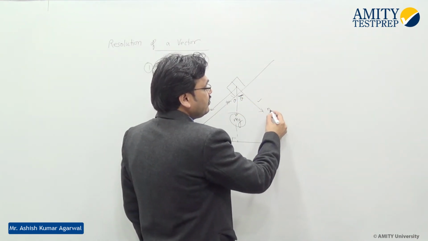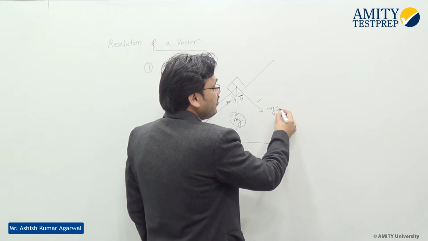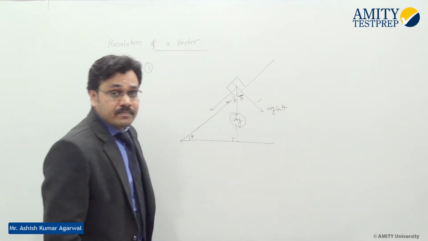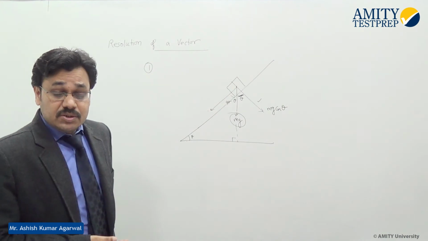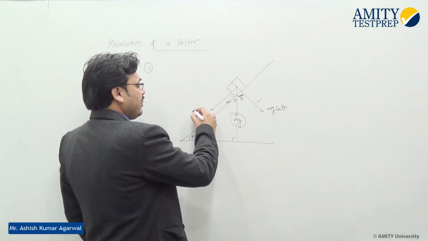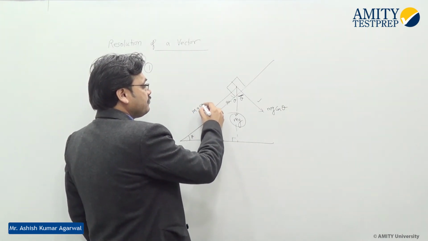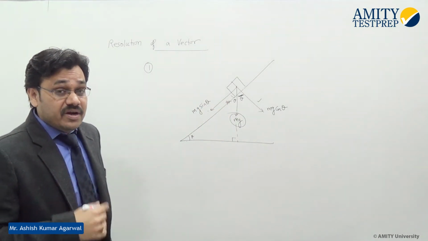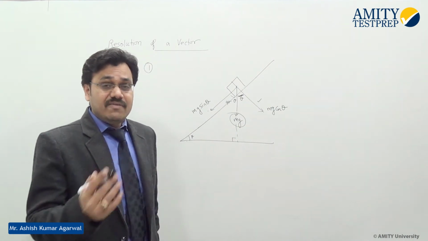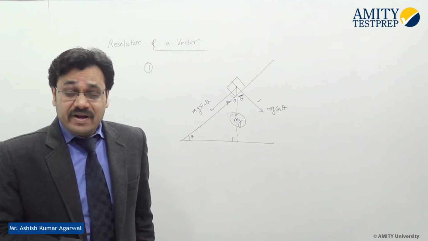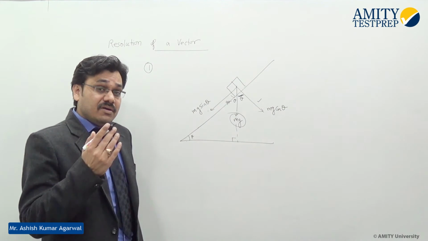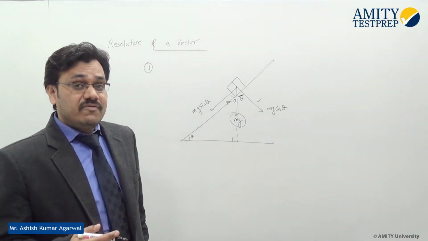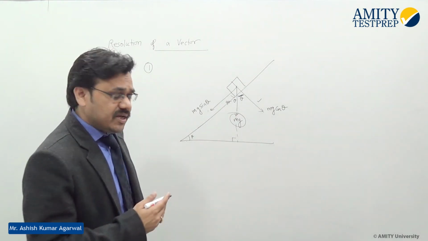So the component definitely gives you mg cos theta, and perpendicular to this normal, you have to find mg sin theta. It means where the angle is given, you find the component as mg cos theta, and where it is normal to this, you find the component as mg sin theta.